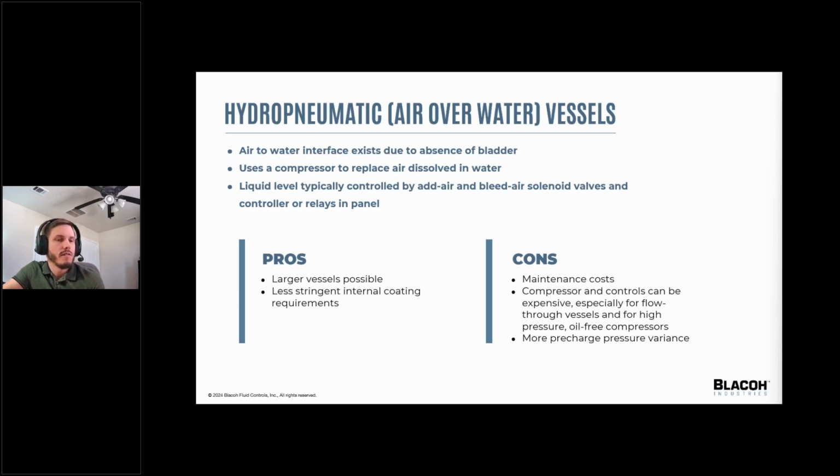And because you don't have a bladder in it, you are less concerned about the internal coating. You don't need to protect a bladder with your internal coating, and you don't have to worry about bladder extrusion, so you can put nozzles anywhere you want.